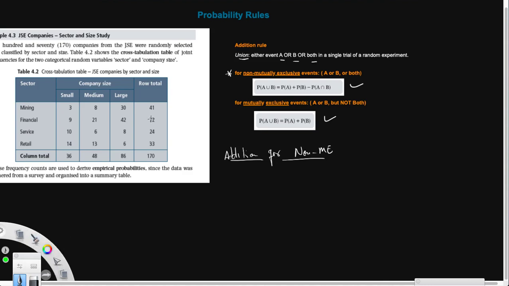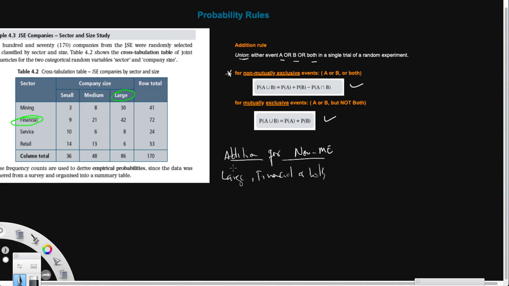Let's say we are trying to look for the probability that a randomly selected GSE listed company will be either large, financial, or both. So we're looking for either large, financial, or both. This is how we apply the addition rule.